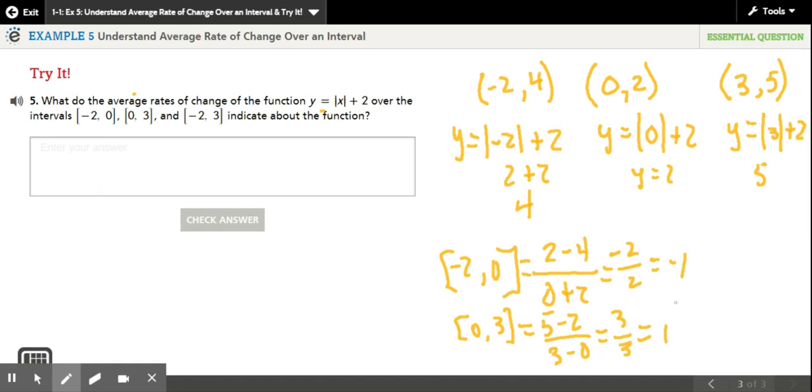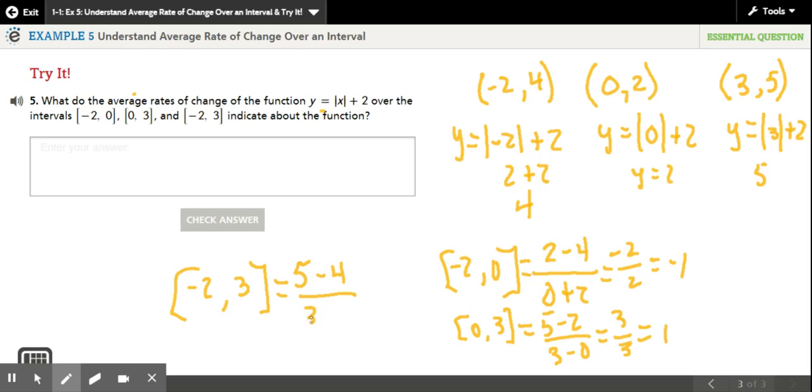So at this point, I already know they're different. So I know this isn't a line. Well, I kind of knew it wasn't a line because it was an absolute value function. But that confirms it. And the last one is asking me to find the average rate of change between -2 and 3. So that would be this point and this point. So it's going to be 5 minus 4, change in y, over change in x, 3 minus -2.